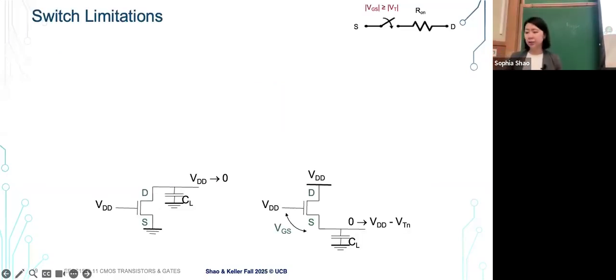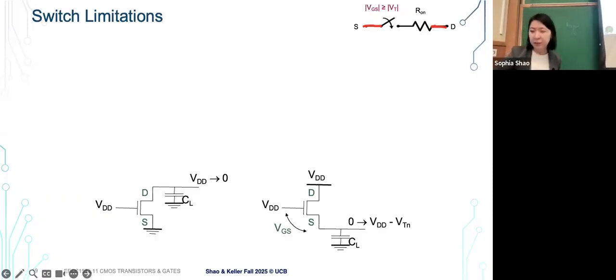When we think about what we discussed earlier, we are really thinking about a transistor as a switch, and then it's basically a resistor once it's on. But when we think about a switch, there are some voltage behaviors that affect how good it is at conducting or transmitting different values.